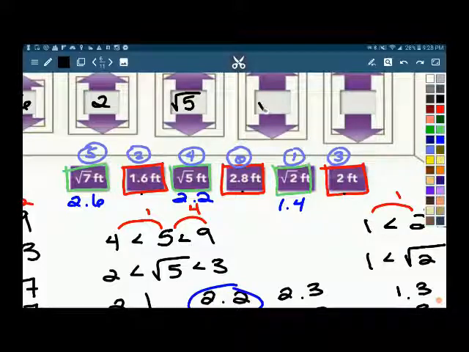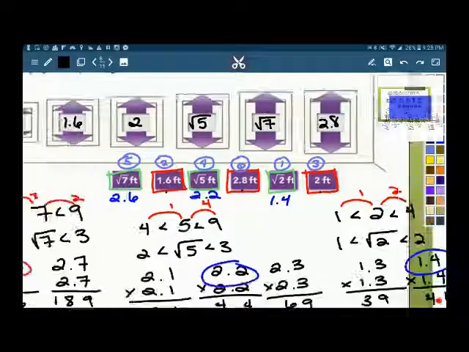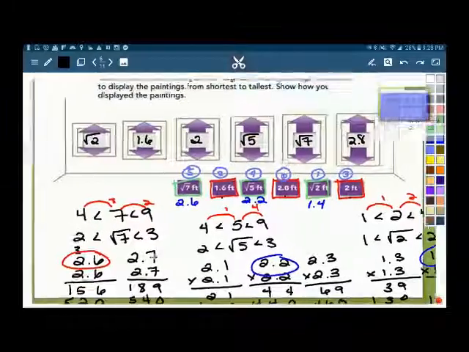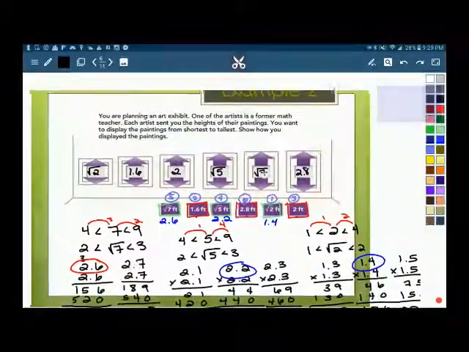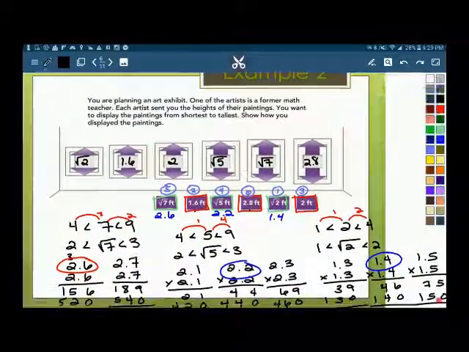Fifth number was the square root of 7. And the sixth number was 2.8. So that is us ordering these paintings from size least to greatest. It goes square root 2, 1.6, 2, square root 5, square root 7, and then 2.8.